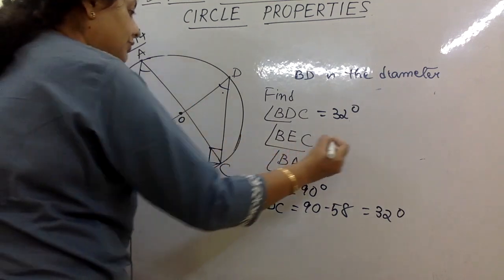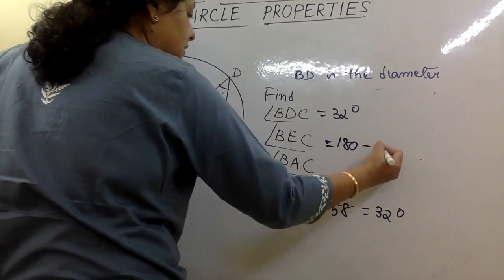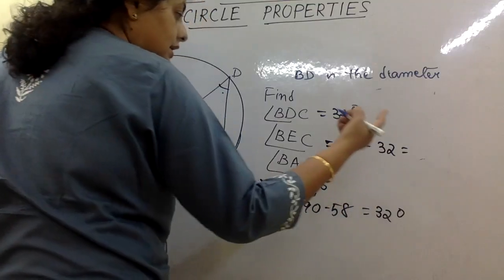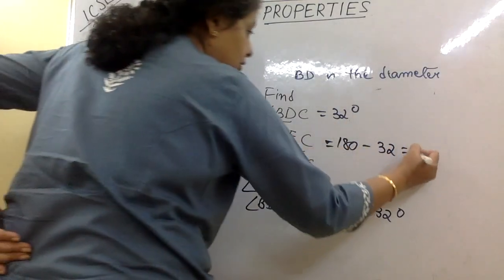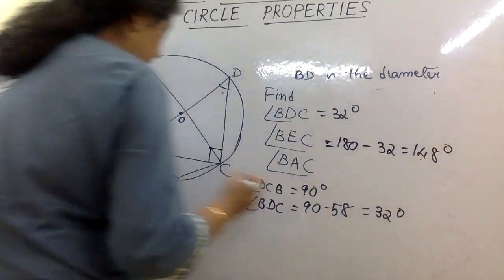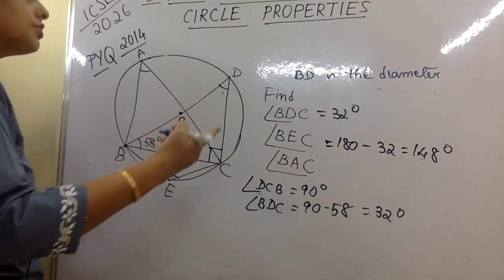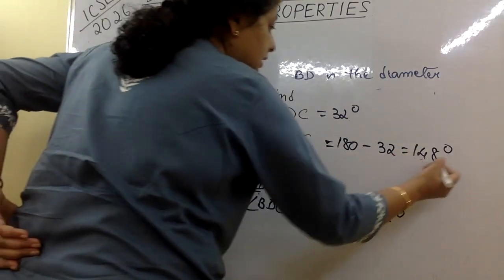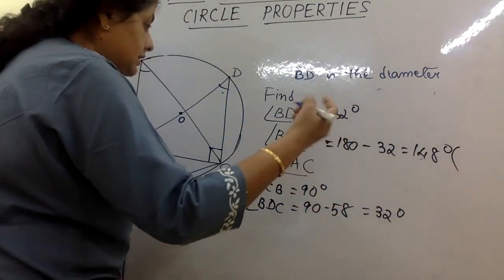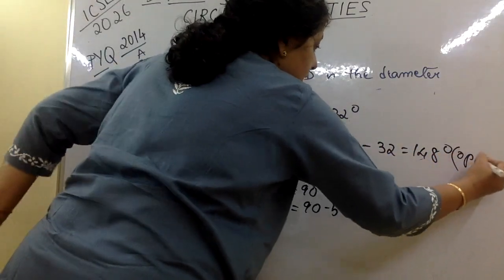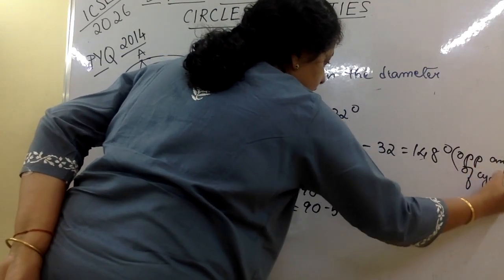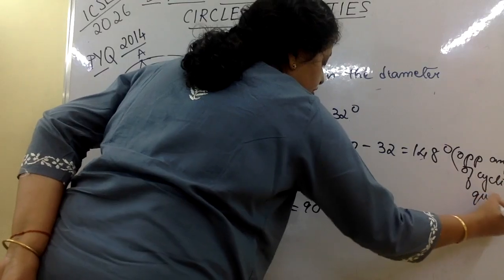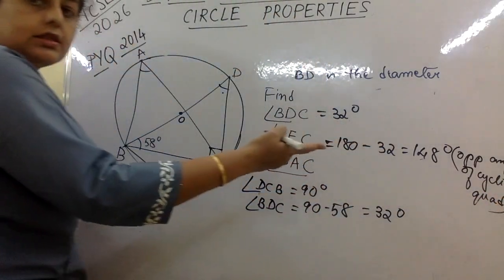So what you have to write is 180 minus 32, which is equal to 148 degrees. So we got this angle also. You can give the reason as opposite angles of a cyclic quad. If you just write this much, this is good enough.